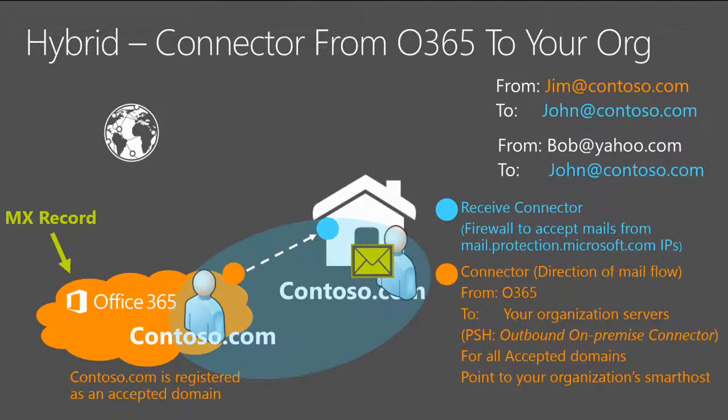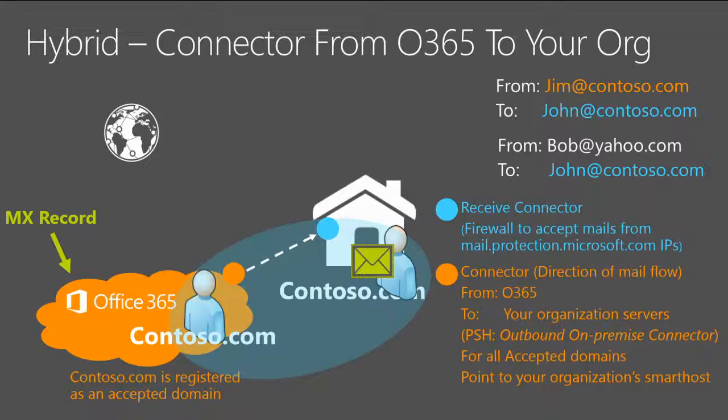That being said, I want to let you know one thing. If you're ever worried that mail coming from outside is trying to get to your smart host and your smart host doesn't work for whatever reason, it's down that day, or your certificate is expired and you didn't realize that, mail starts getting queued over here in Office 365.